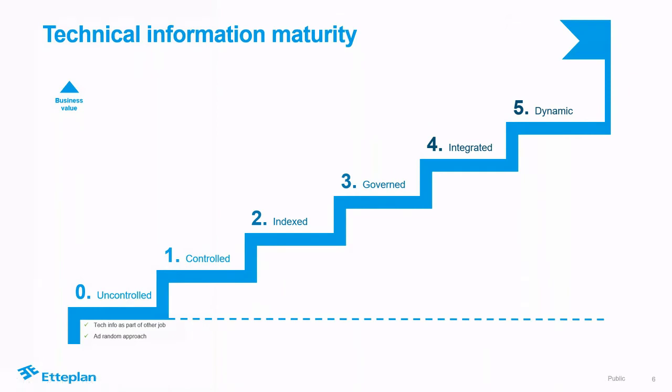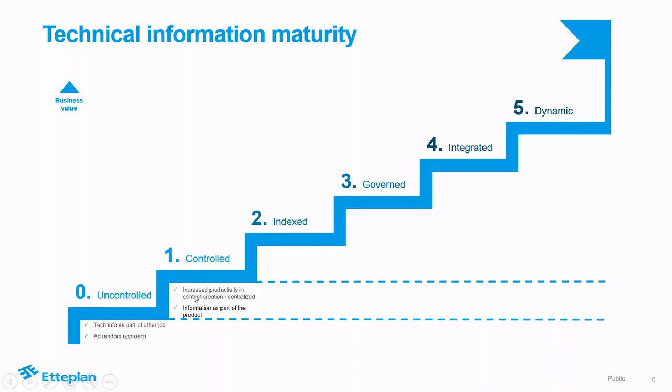So in technical information, we have this maturity ladder, you could say, levels, and it starts with 0, that's uncontrolled. Let's say this is a Word document that can be printed or used as a PDF file.